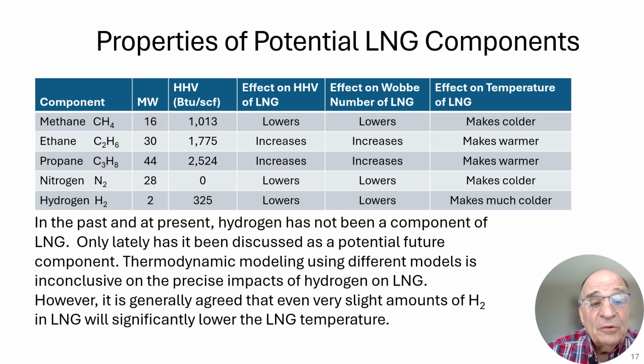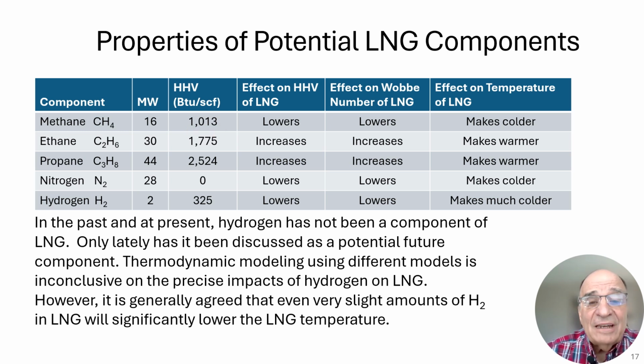If you recall, when we looked at the periodic table, carbon had a molecular weight of 12 and hydrogen had a molecular weight of 1. So this is one carbon atom and 4 hydrogen atoms, adding up to a molecular weight of 16. The higher heating value is 1013 BTUs per standard cubic foot.